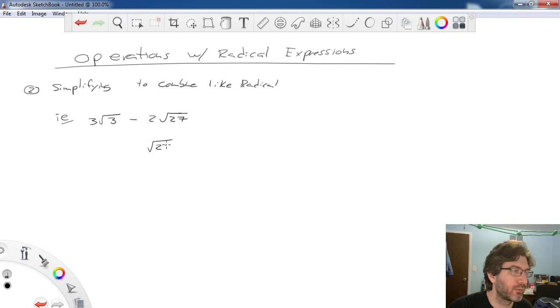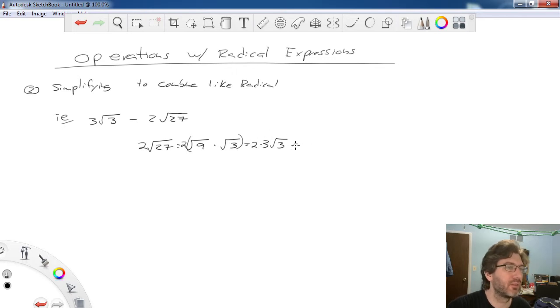We have the square root of 27 is equal to the square root of 9 times the square root of 3. And the square root of 9 gives you 3 square roots of 3. And don't forget about the 2. We're just going to multiply the 2 in there, because technically there's a 2 there, and technically there's a 2 here.